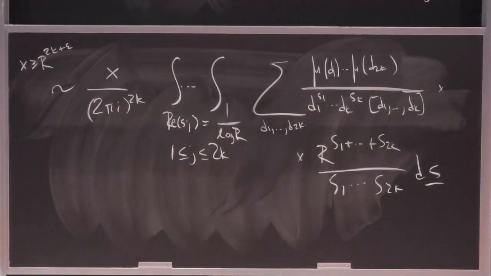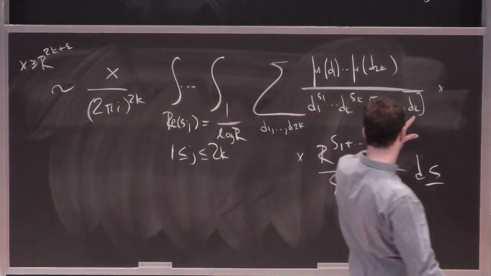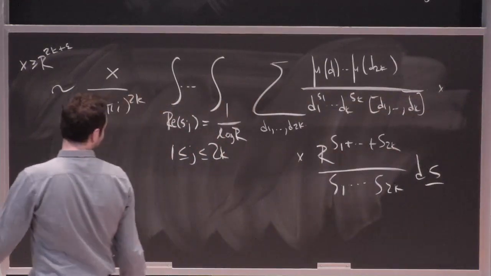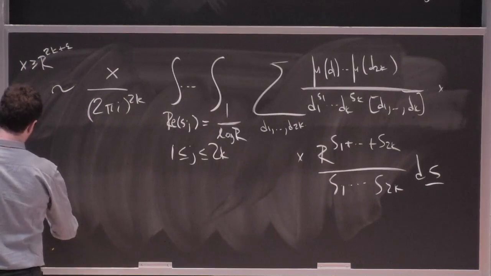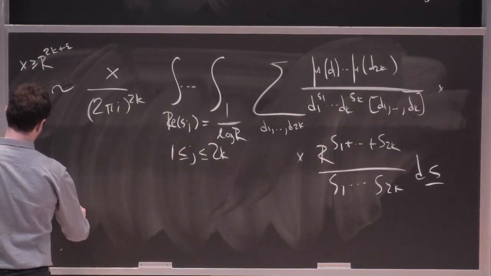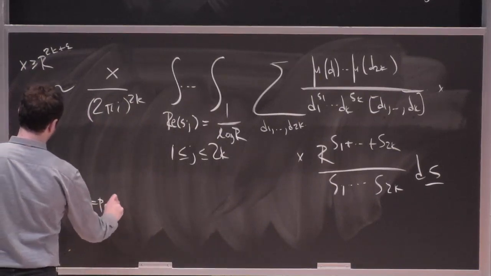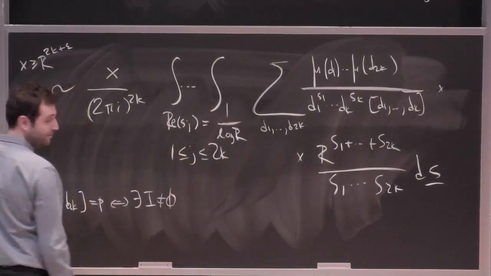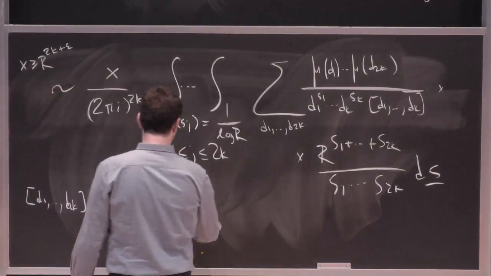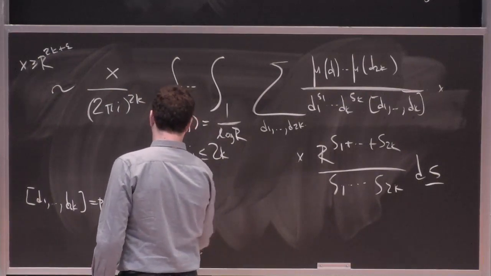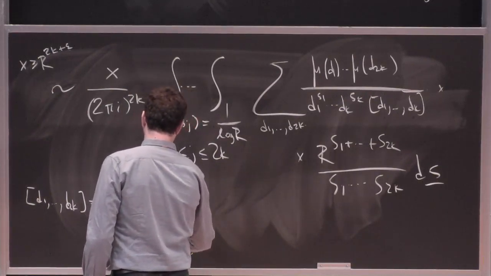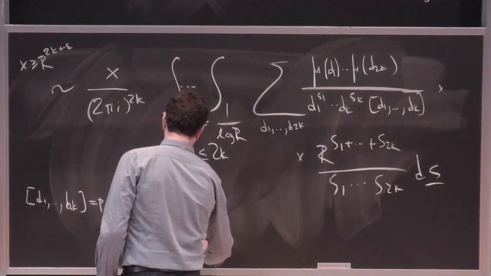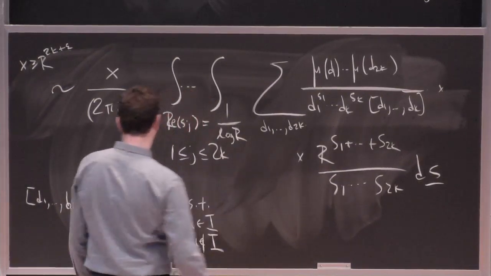right? So what is important is when this LCM is p, and how can this LCM be a prime p? If there is a non-empty set I such that d_i is p for i in I, and d_i is 1 for i not in I, right?